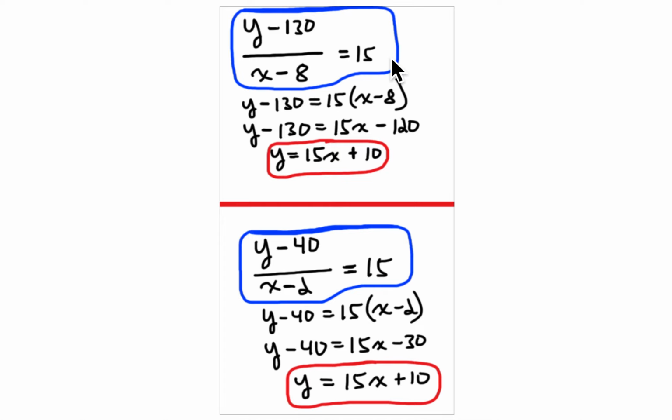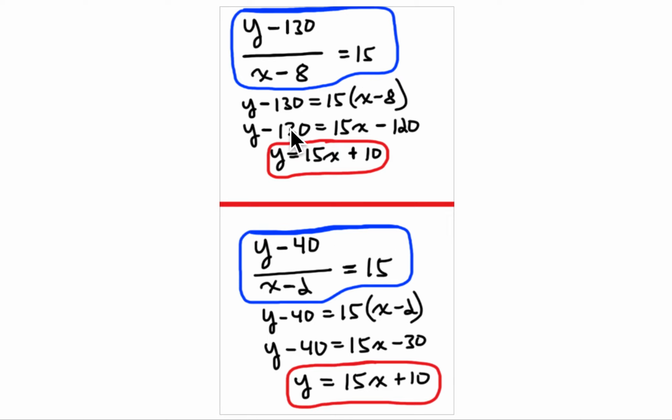That equals 15. So you can imagine that slope triangle sliding down 130 units and sliding to the left 8 units. And in a similar manner, the larger slope triangle was y minus 40. So imagine that sliding down 40 units and sliding to the left 2 units. Both of these equal the slope, equal 15.